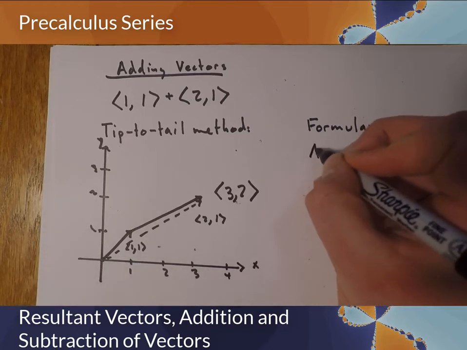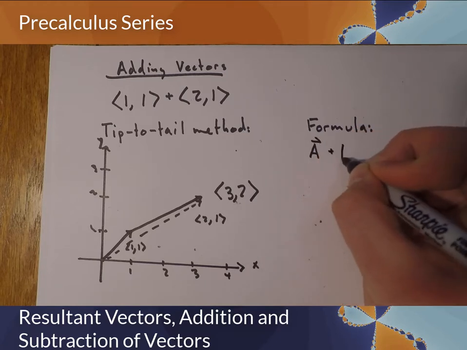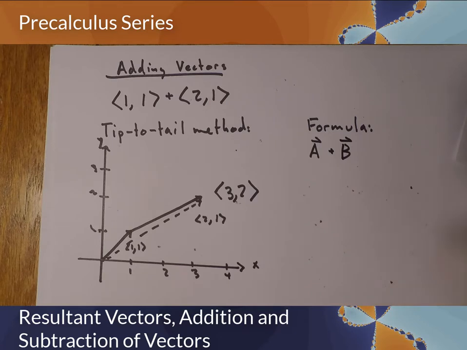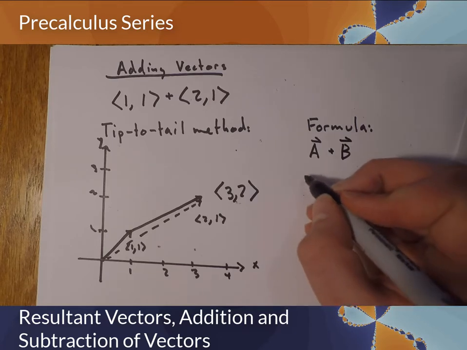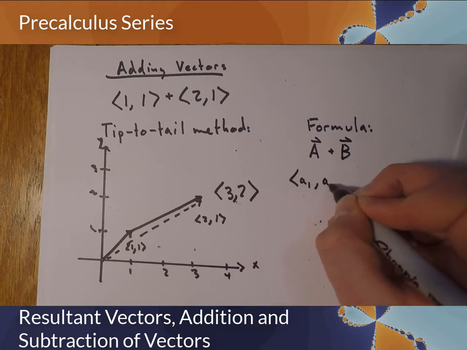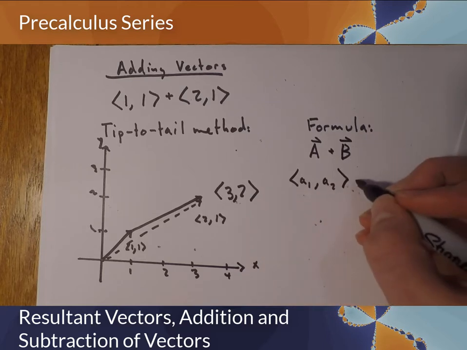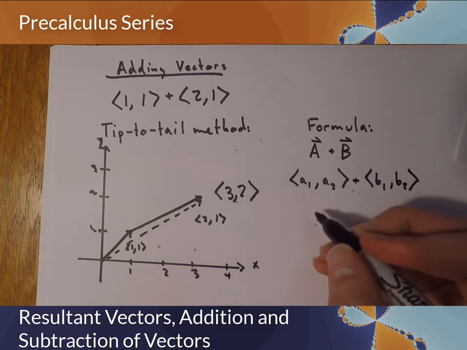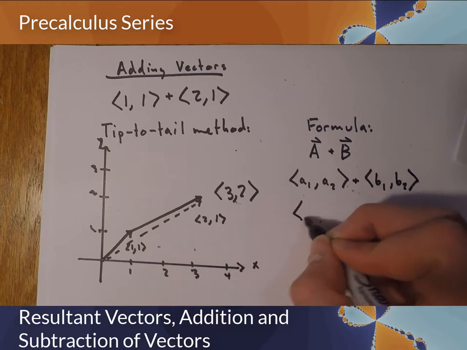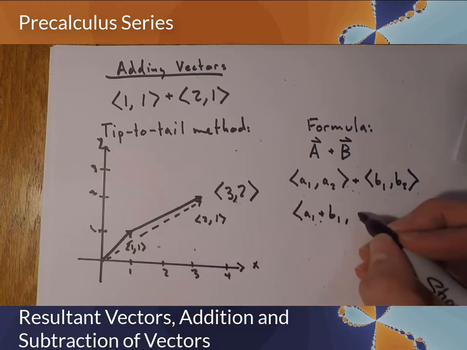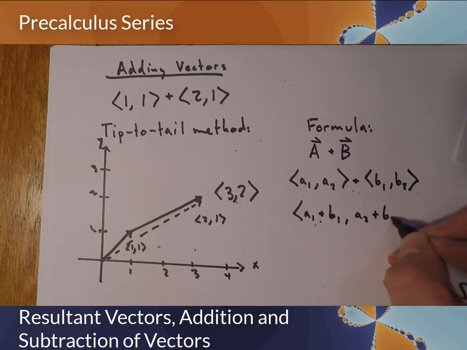If I have a vector A and I add it to vector B, and these little hat things, that's how you represent vectors in math, you represent A as A1, A2, and B as B1, B2. Adding them together, the resultant vector is equivalent to the sum of the x components, A1 plus B1, plus the sum of the y components, A2 plus B2.